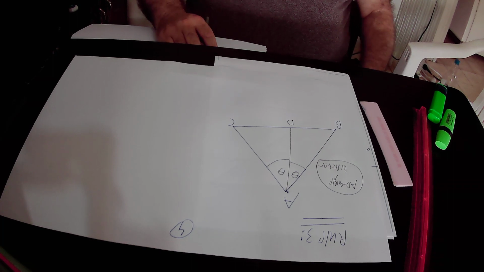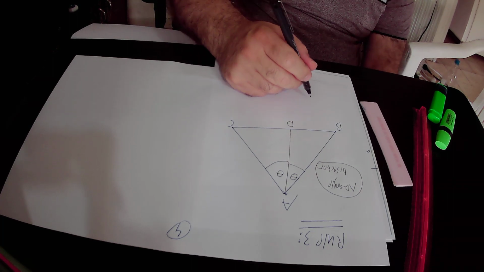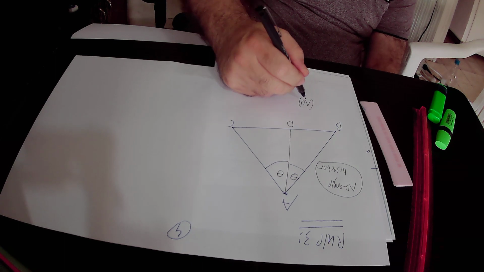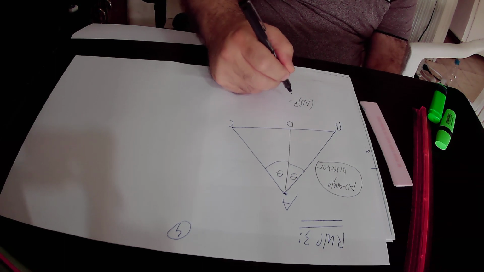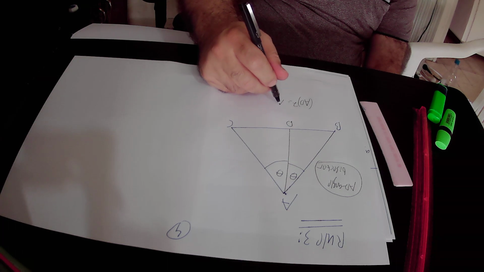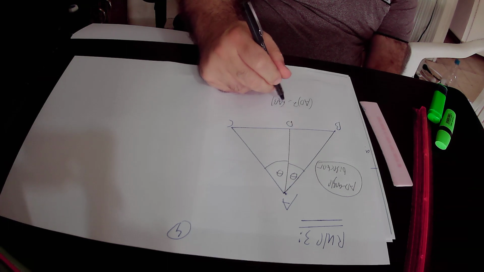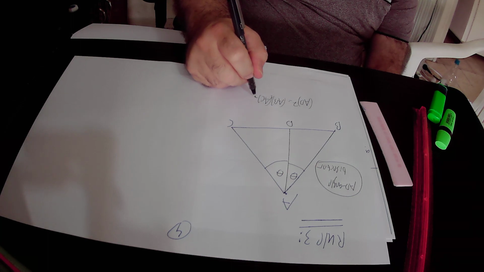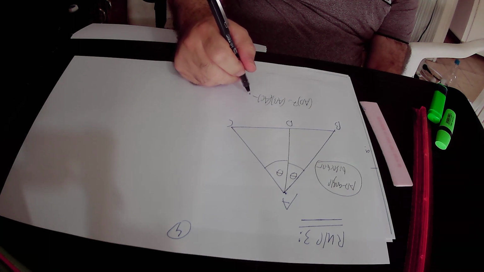According to rule number 3, we get that AD squared equals AB times AC minus BD times DC.